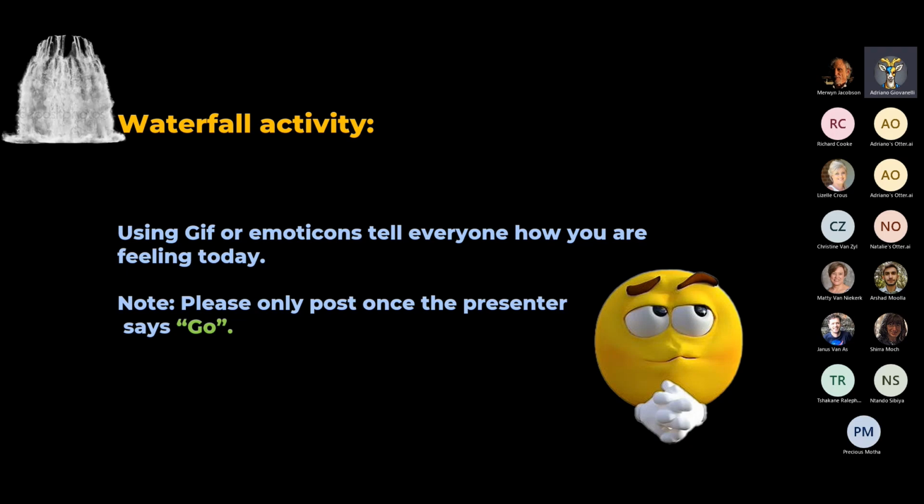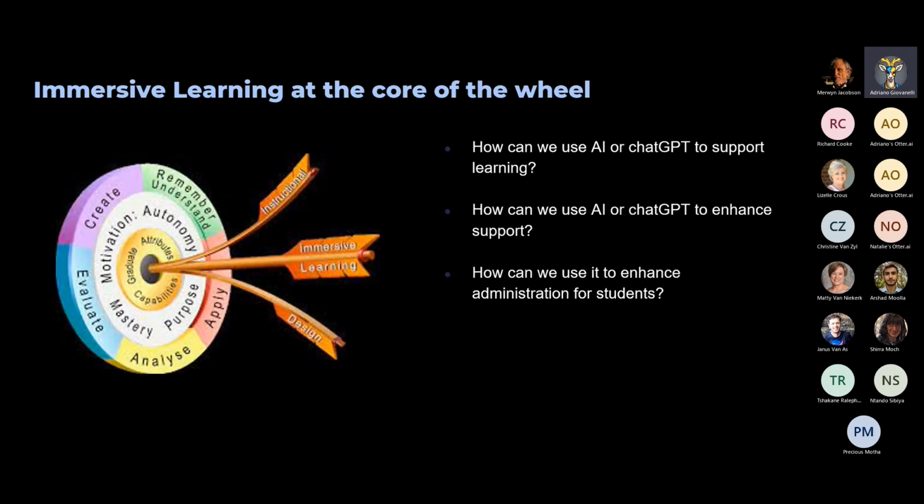Now, let's get into the learning stuff. From what we've done or learned in the last couple of sessions, and also through the learning landscape, we've learned that at the core of it are your graduate attributes and capabilities.